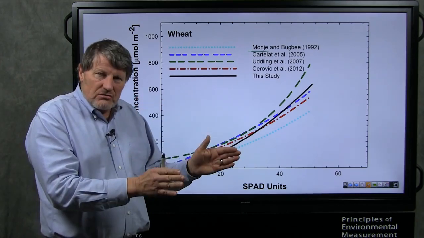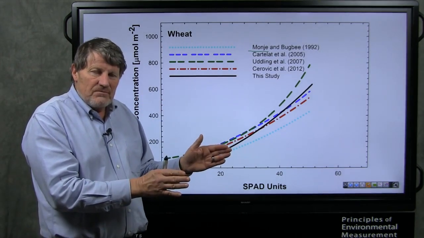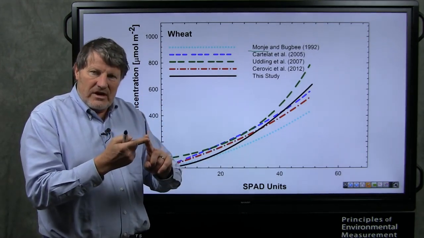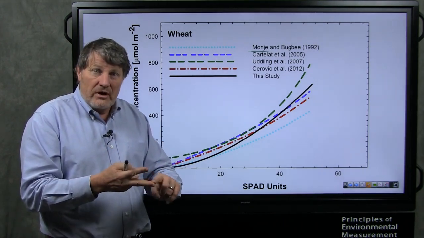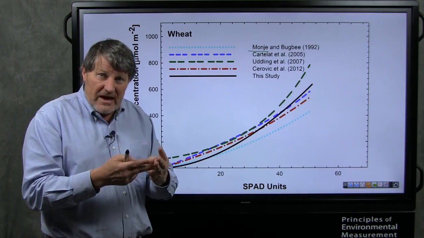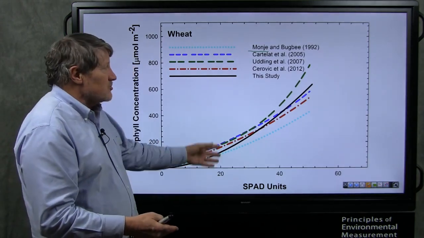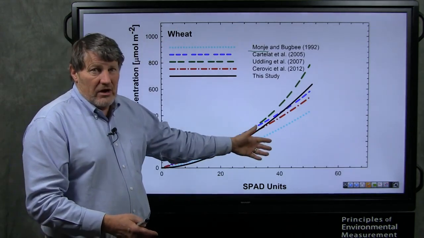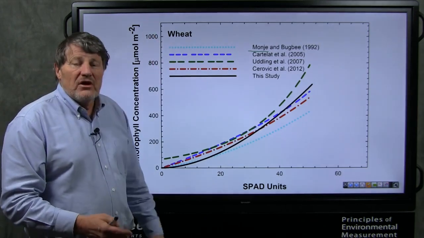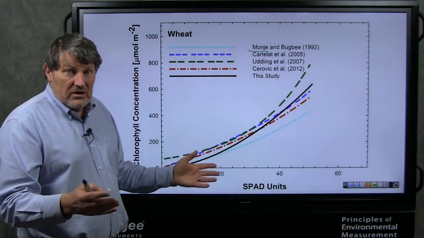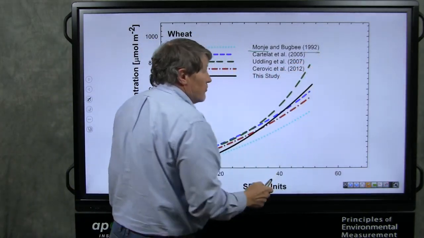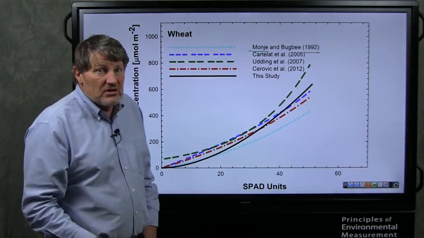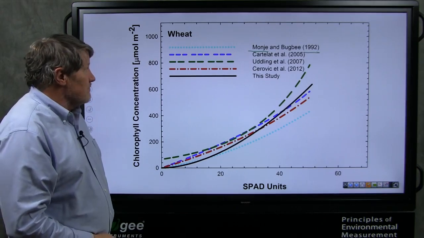You have to have just the right solvent extraction, you have to have the right equation, and you have to have the right spectrophotometer. All three of those things have to match, and when we looked at the literature, it was very rare for these older papers to do everything correct to get the exact right chlorophyll, including our own paper from 1992. We realized we didn't use the exact right techniques.